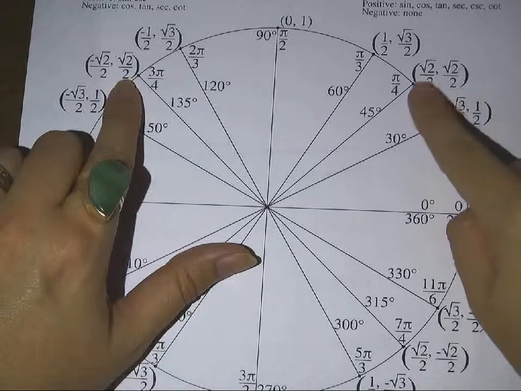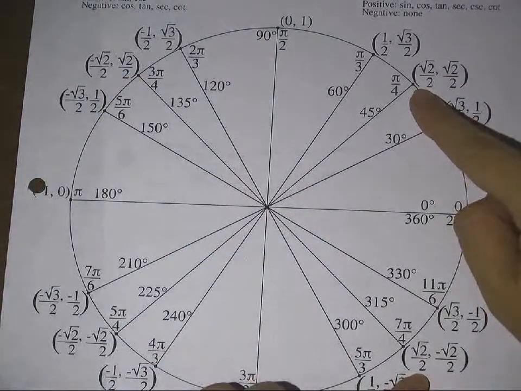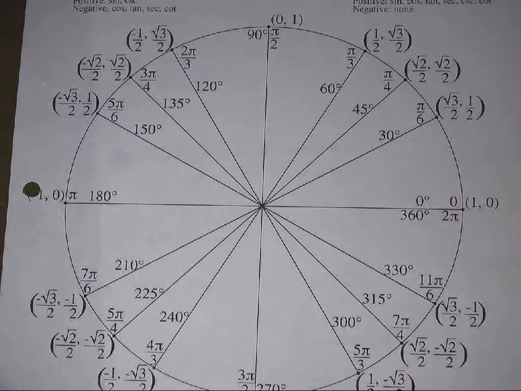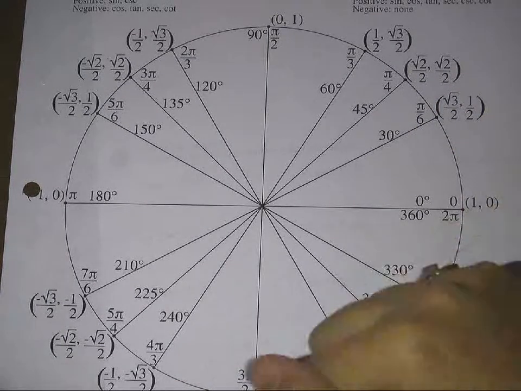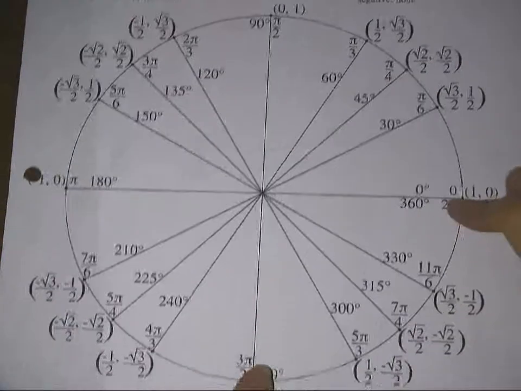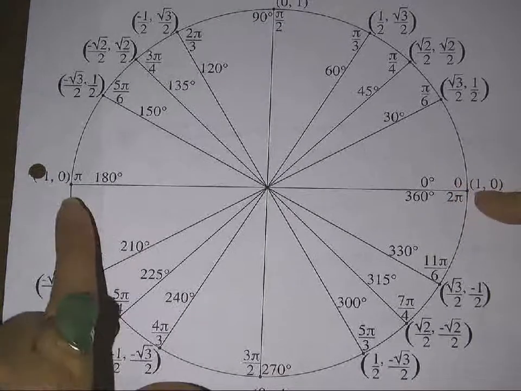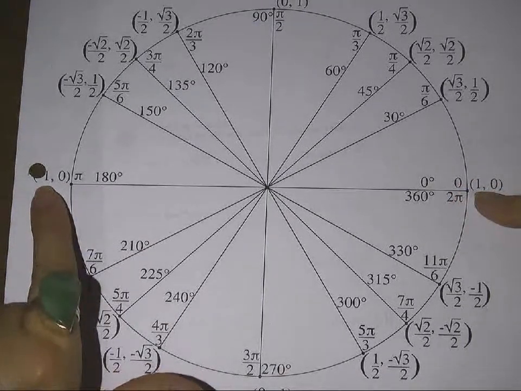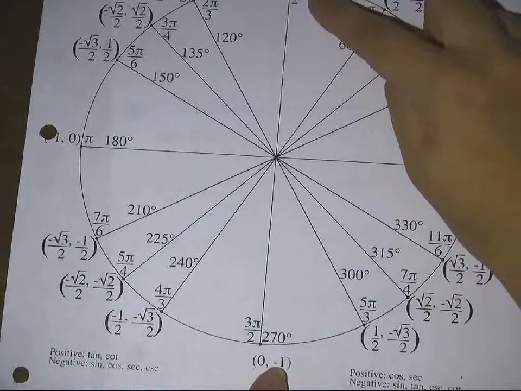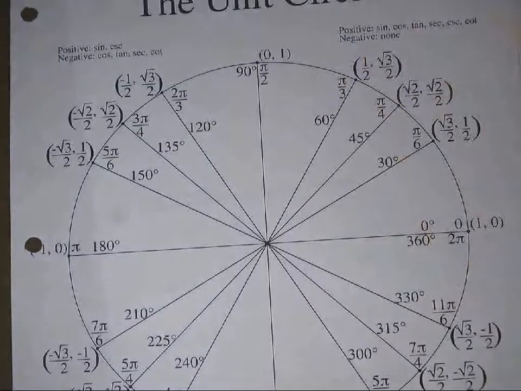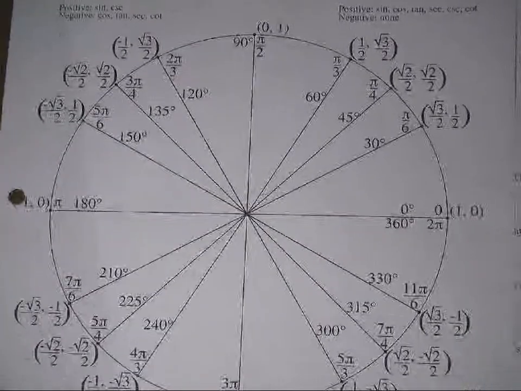The only place this doesn't exactly happen is at the four corners, our quadrant points. Here, this is 1, and this happens to be a negative 1. Here, this is 1, and that happens to be a negative 1. So occasionally we'll get one answer, but in almost all these problems, we're going to get two answers.